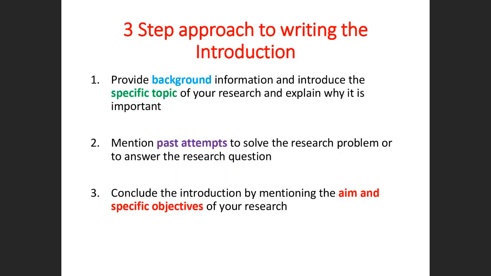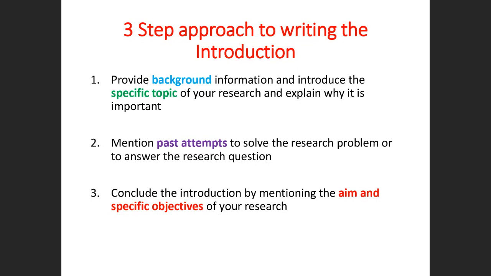So how can we do that? You have to follow 3 steps to achieve a strong and good introduction. The first step, you should provide background information, introduce your specific topic, and explain why it's important, so it's significant.